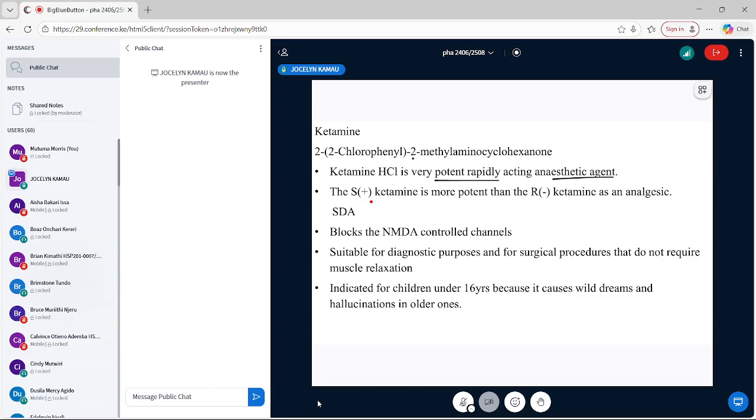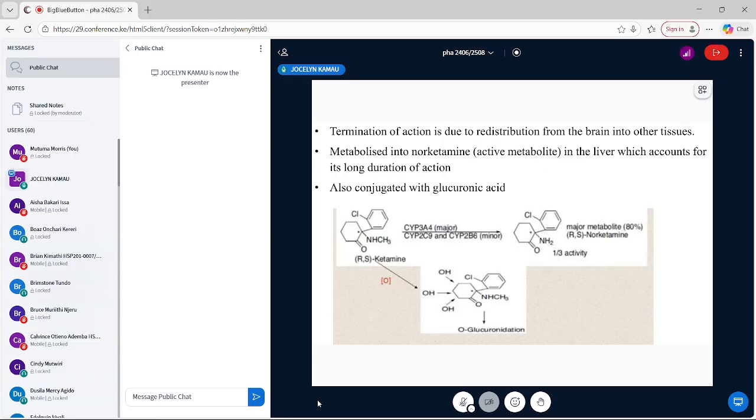The S enantiomer, S dextroketamine, is more potent than the R levoketamine as an analgesic. So that means it also has analgesic activity, but the analgesic activity is stereospecific with the S enantiomer. If you look at the structure, we can see this is a chiral center.